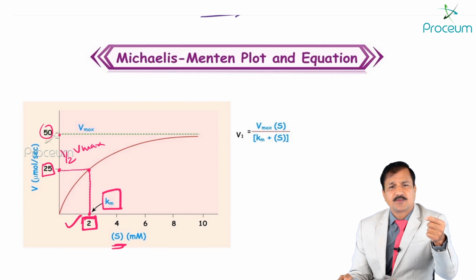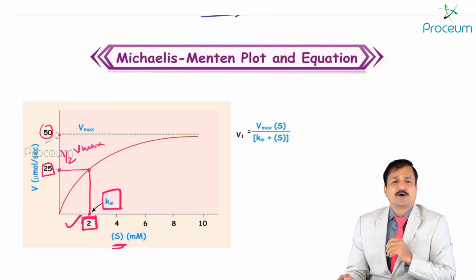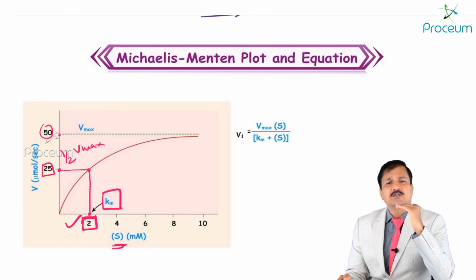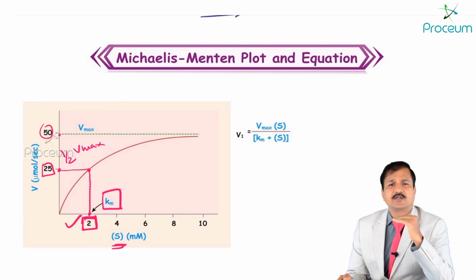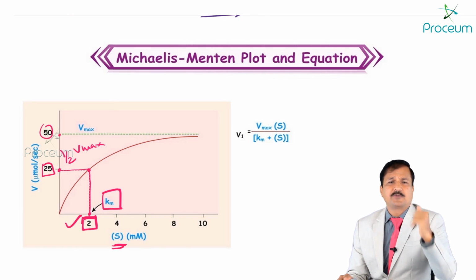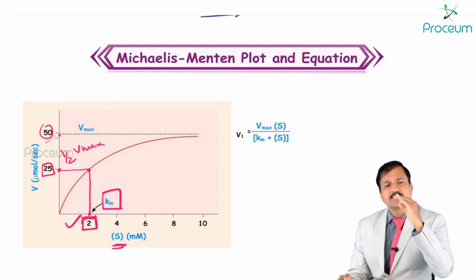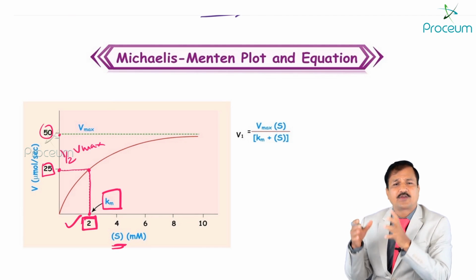Now, in general, remember how much the substrate concentration should be to take the enzyme to maximum velocity. Now we know the substrate concentration that is necessary to take the enzyme to its half maximum velocity is the value of Km.